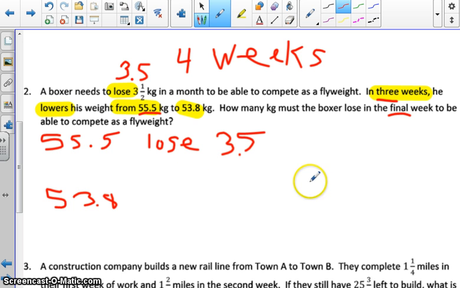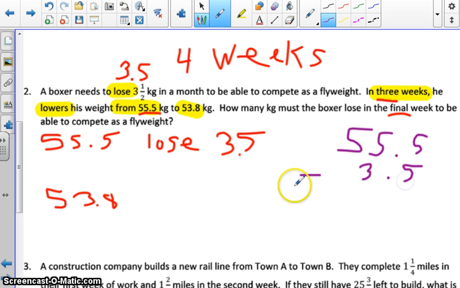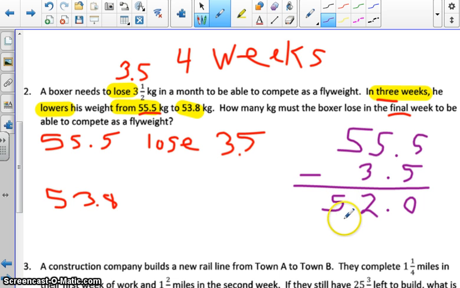So if you do the subtraction, 55.5 minus 3.5. He's got to lose 3.5, so his final weight has to be 52 kilograms, not pounds. If he was 52 pounds, it's like a child. That's really small or really light. Now kilograms, 52 kilograms.